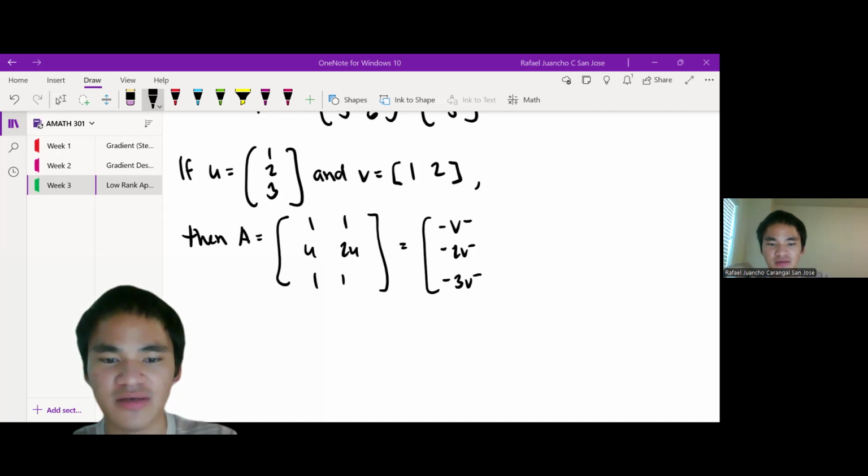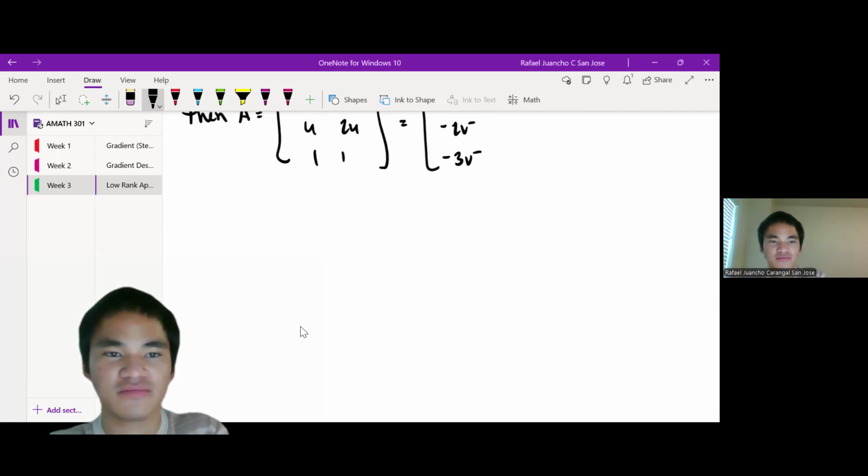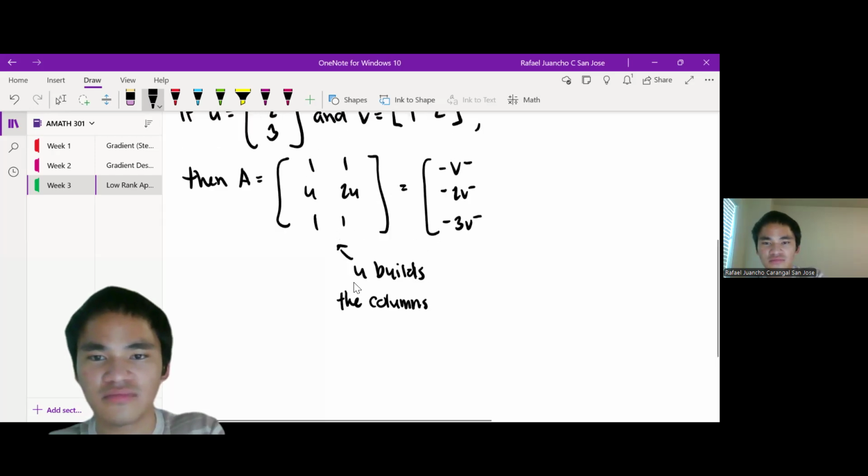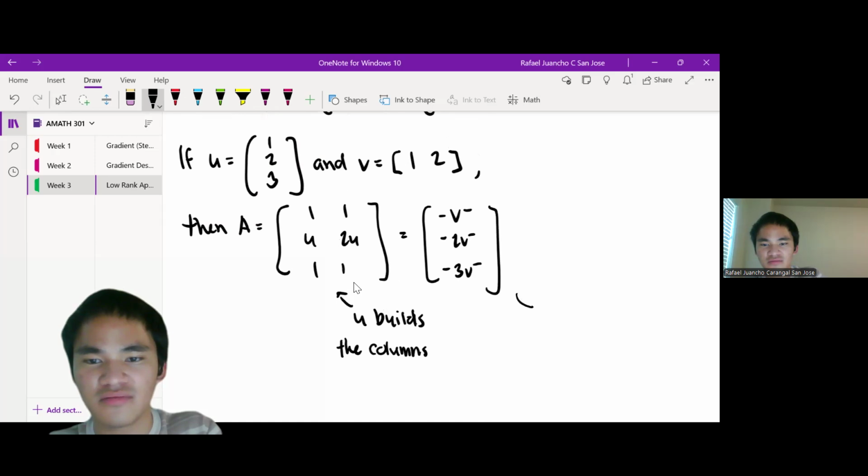So that's what's happening. Okay. So U builds the columns and V here builds the rows, right?